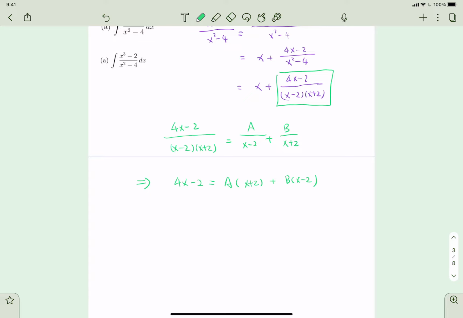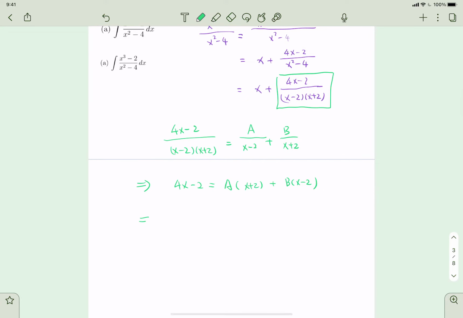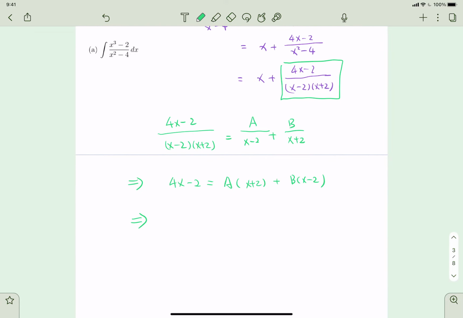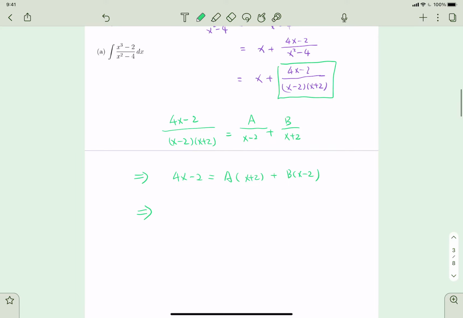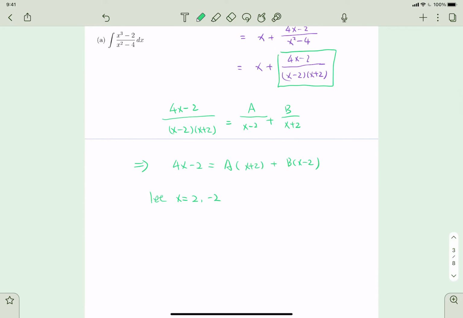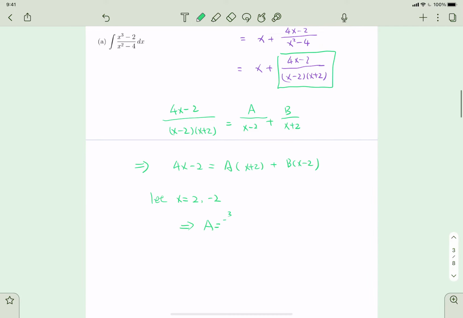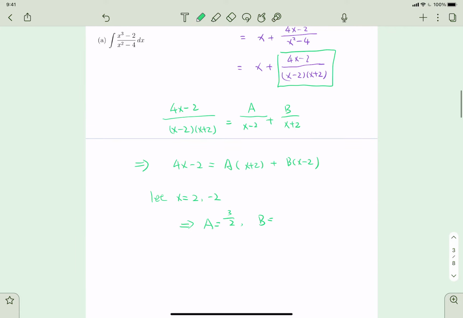And for convenience, I will skip the computation here because it's very simple. You can plug in values of x to figure out a and b. That is done in Math 1300, I suppose. So you can, let's say, let x equal to 2 and negative 2, respectively, and you have a equal to 3 over 2 and b equal to 5 over 2.